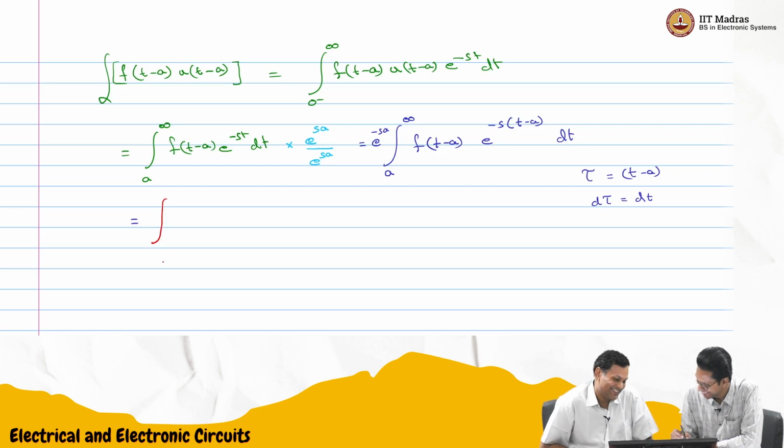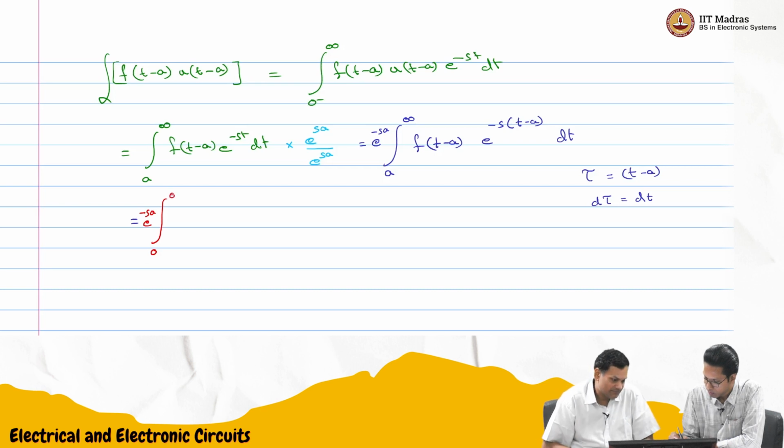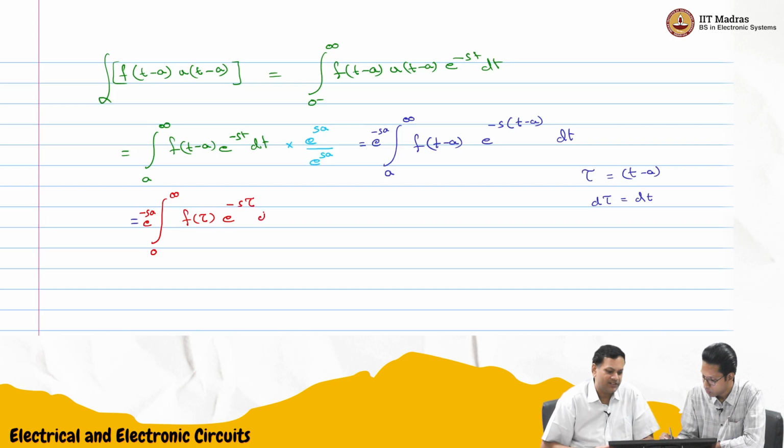So e power minus sa, the lower limit becomes 0, this is infinity, and f of tau, e power minus s tau, d tau.